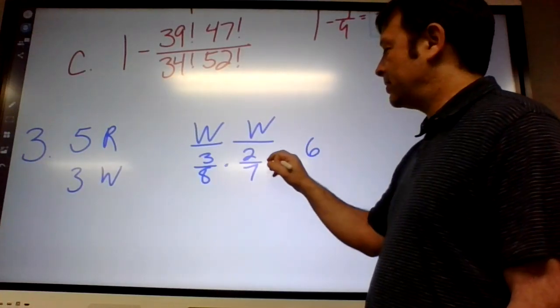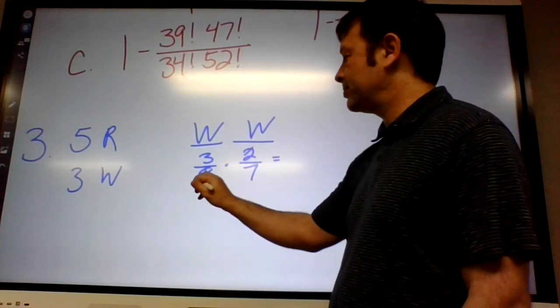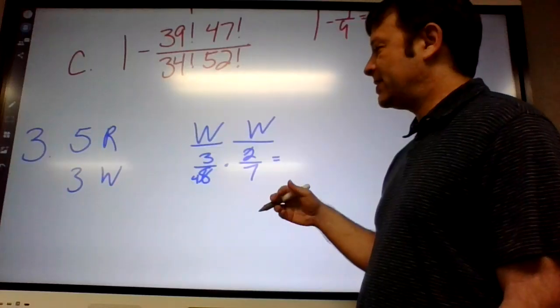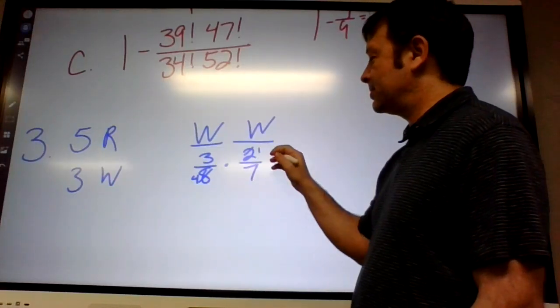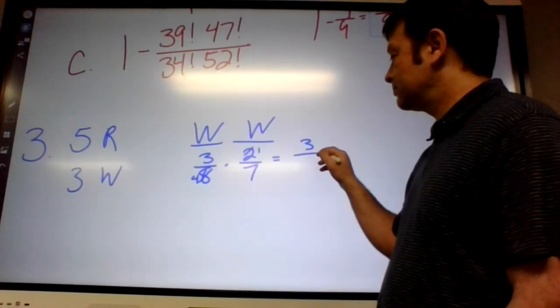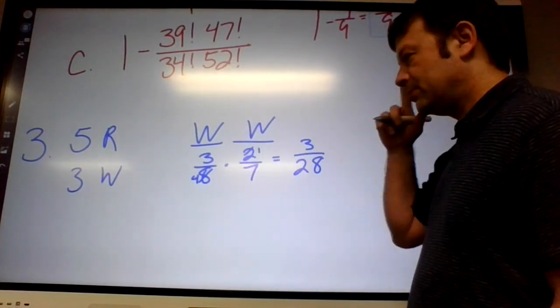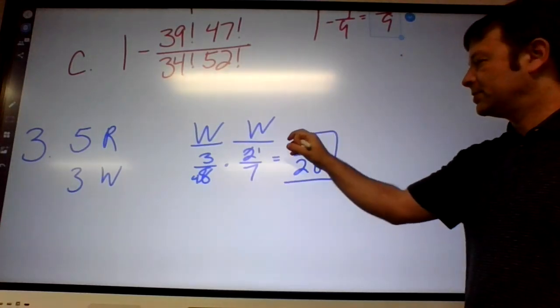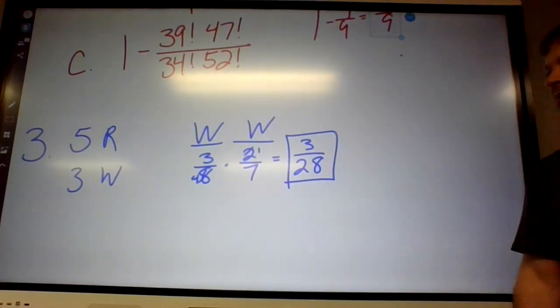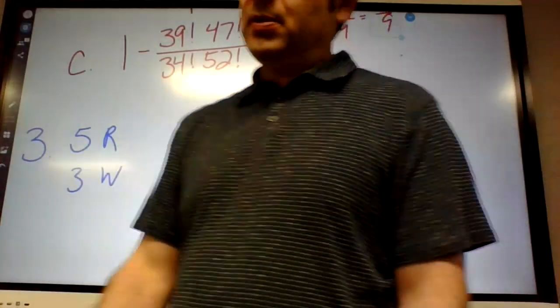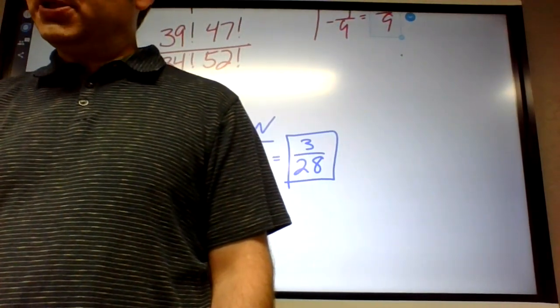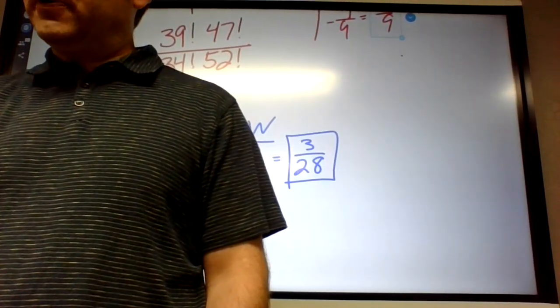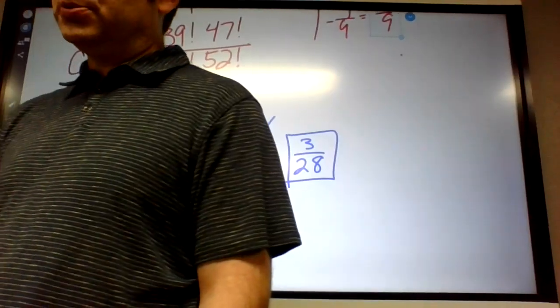So altogether, okay, this will reduce here. Yeah, it's kind of like A. They didn't put A, B's, and C's on it though. But yeah, that's the first answer. 3 and 28.